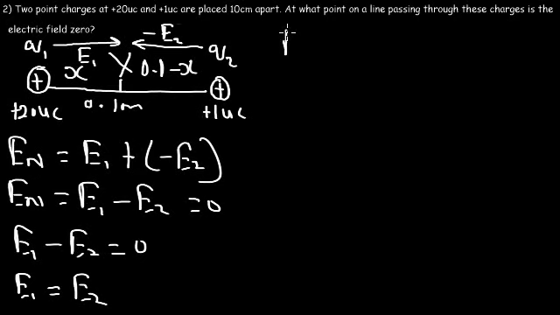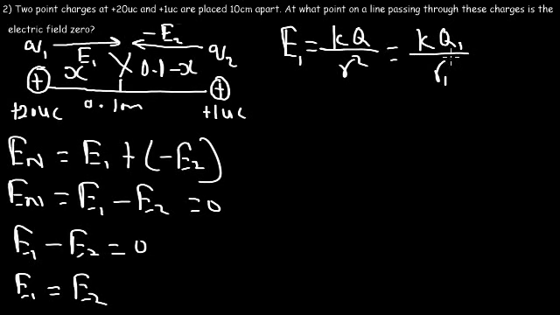So, according to the definition of the electric field, it is given as kq over r squared, where r is the distance between the point at which the field is acting and the charge that is producing the field. So therefore, E sub 1 will be given as kq1 over r sub 1 squared.